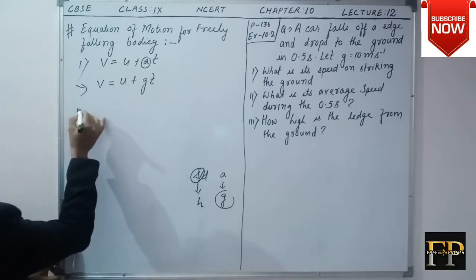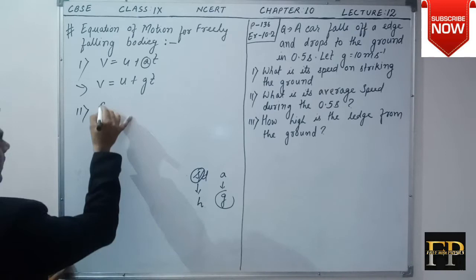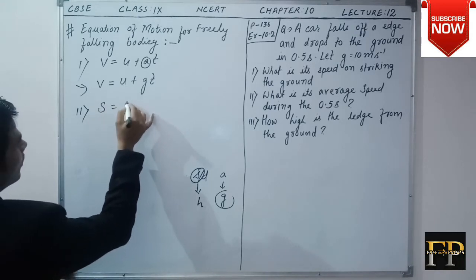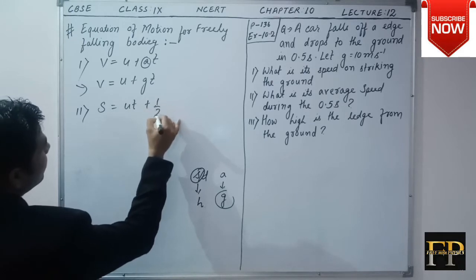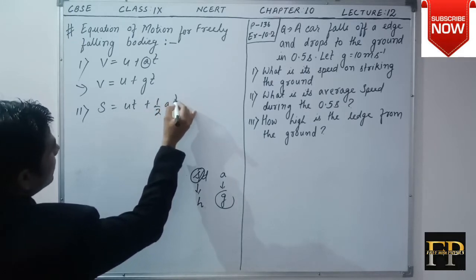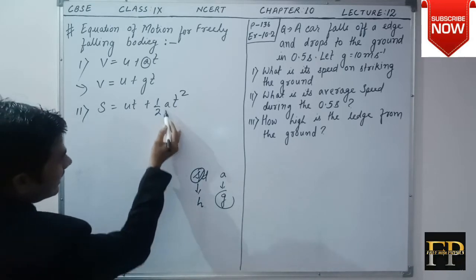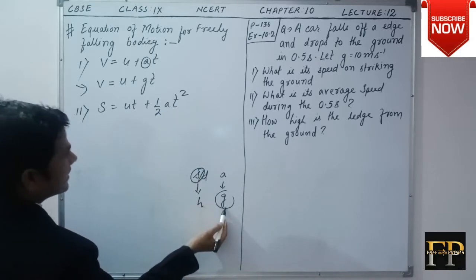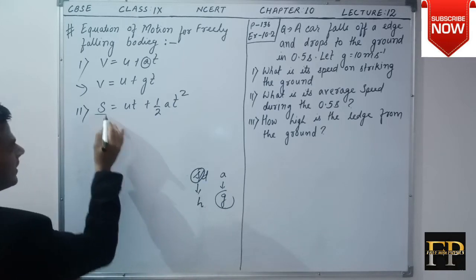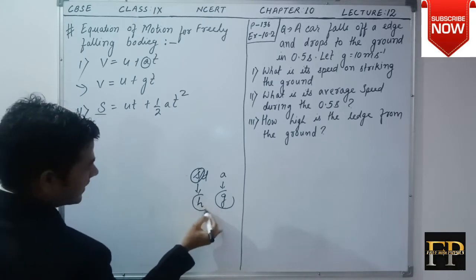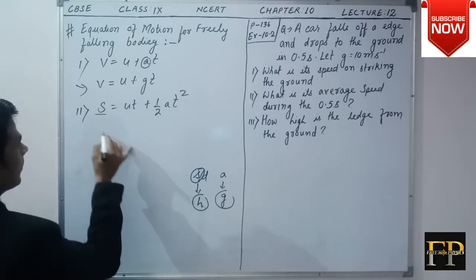The second equation of motion is s = ut + half at squared. Here also a will be replaced by g, the acceleration due to gravity, and the displacement is replaced by h, the height for the free falling object.